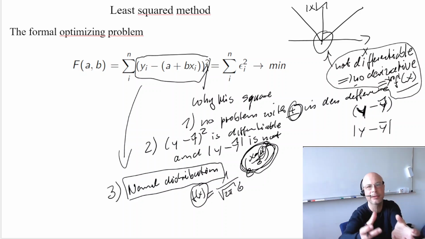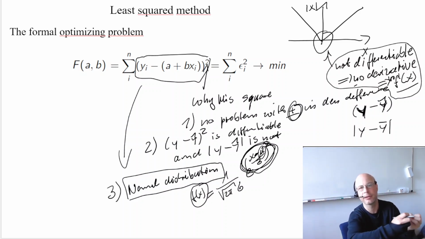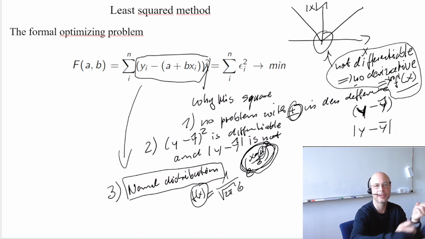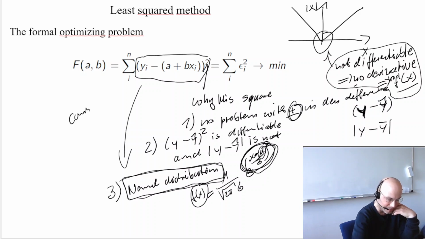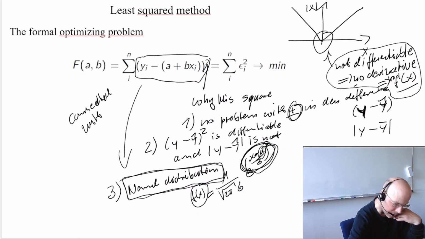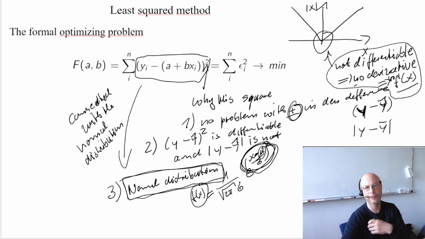So that this quadratic difference is so important comes, so to speak, from the importance of the normal distribution.